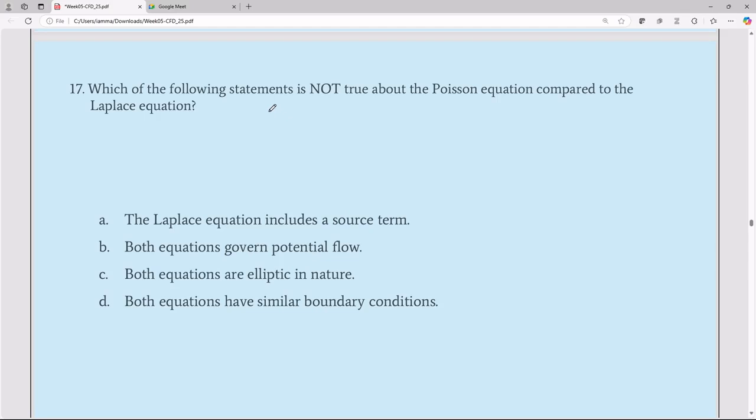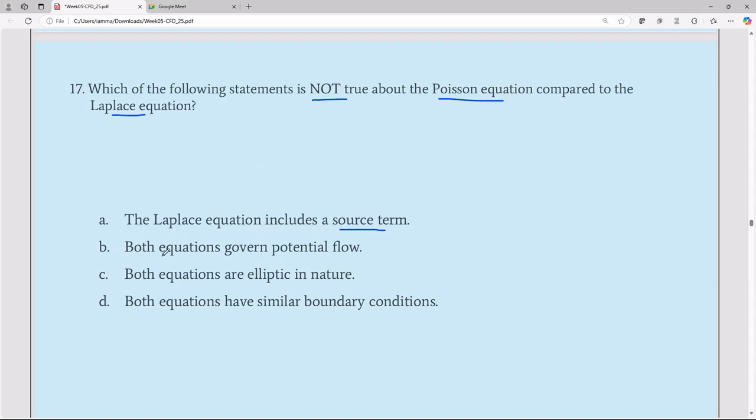Which of the following statements is not true about the Poisson equation compared to that of the Laplace equation? So the question is a comparison of the Poisson equation and the Laplace equation. Options are option A, the Laplace equation includes a source term.